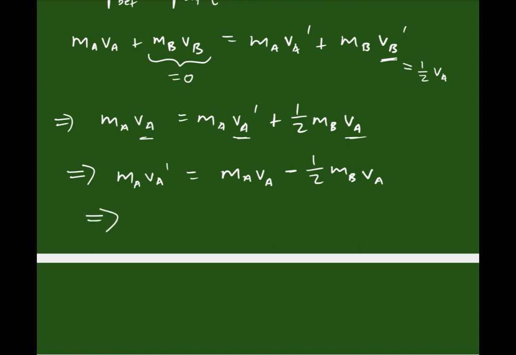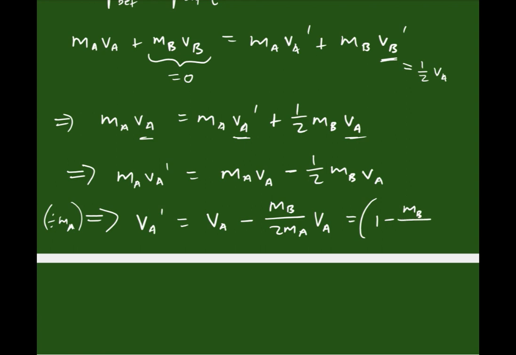You can always put a comment just to say divide by MA, or you could even write a full sentence if you want to explain the process. So now we have VA prime is equal to, if you divide through by MA, this one will cancel, so you'll just have VA minus MB over 2MA times VA. And we can simplify even a little bit further. We can factorize the VA out. So we end up with 1 minus MB over 2MA times VA.